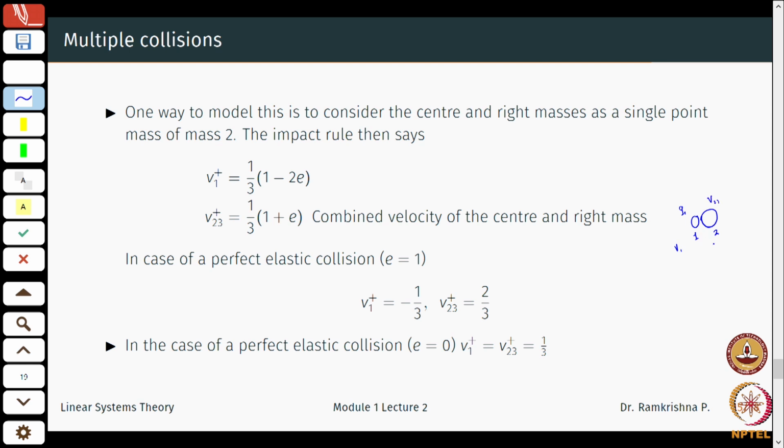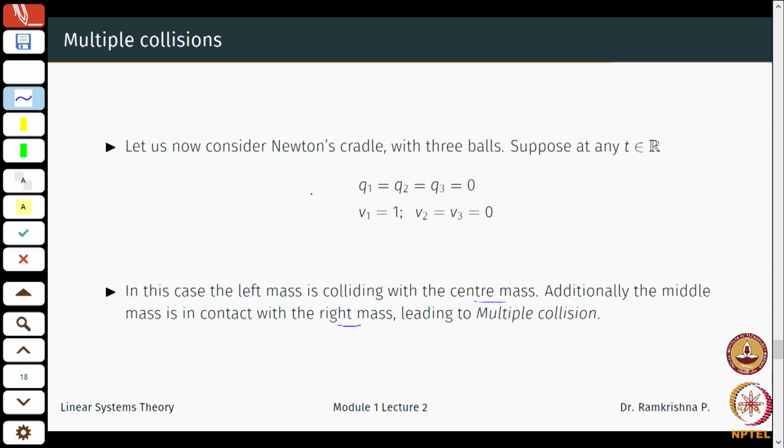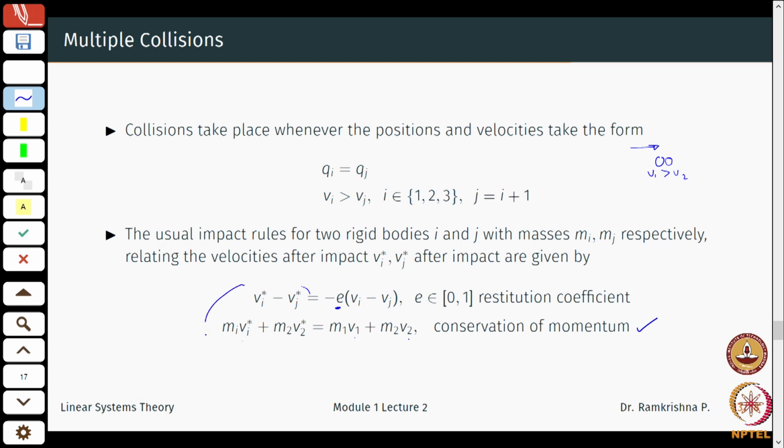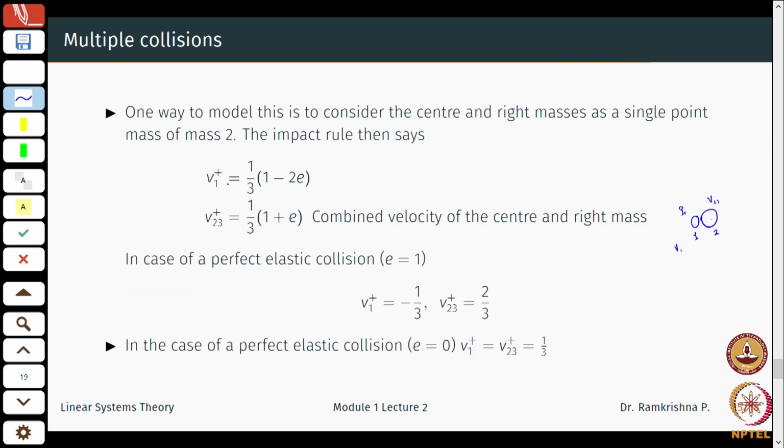So I am just looking at the collision of two bodies, a mass 1 and a mass 2, and the initial velocity is V1. For the impact rule, you can simply use these to derive the rule saying that V1 plus, which is just after collision, and V2 3 plus will take this form.